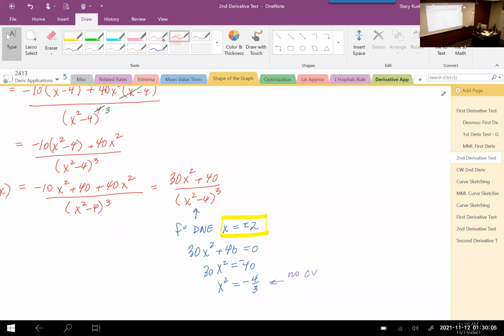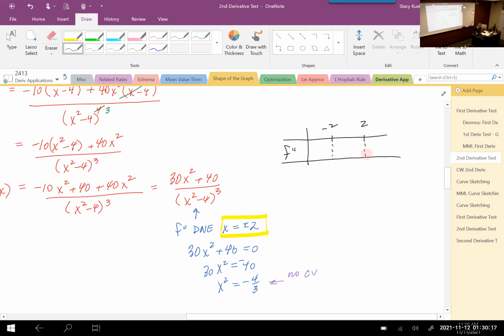So we have -2 and +2. I'm going to test to the left, to the right, and in the middle. So I want to know what your conclusions are.